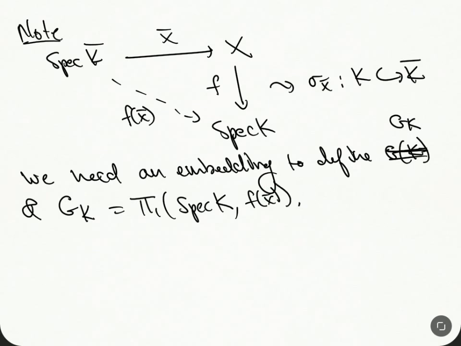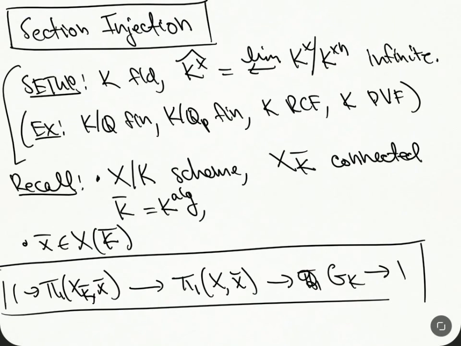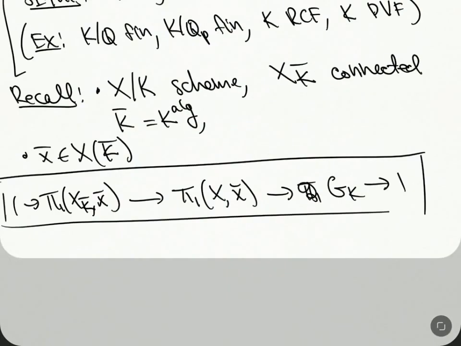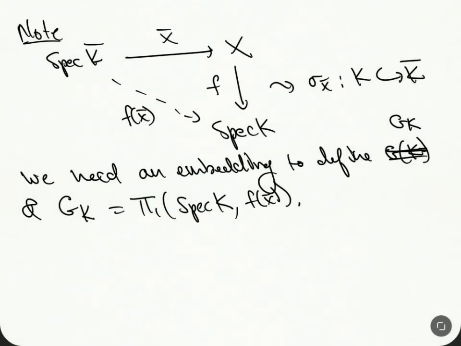So we have this sequence, and it's given by a bunch of morphisms of pointed schemes. Let me give you a false statement about the section injection.